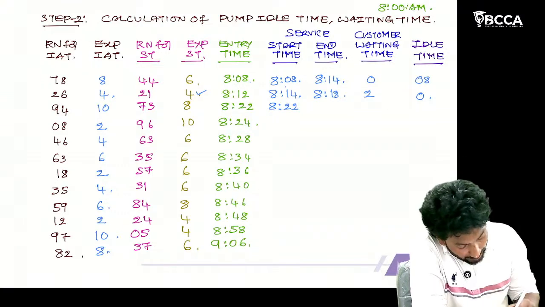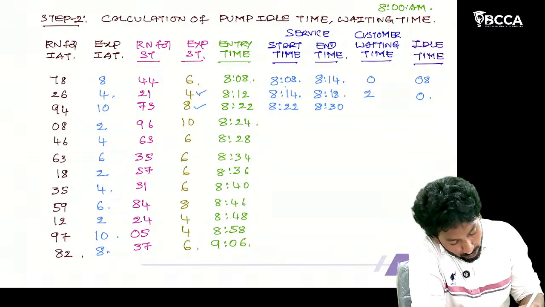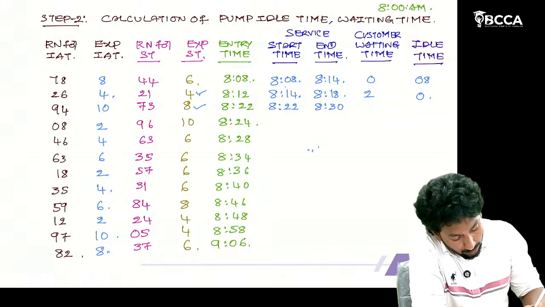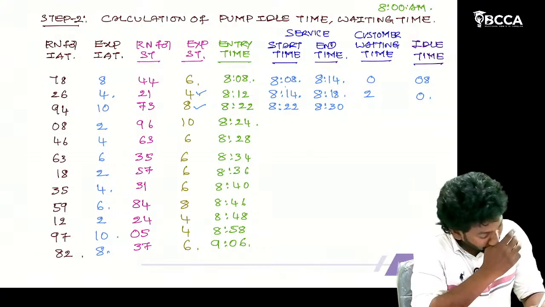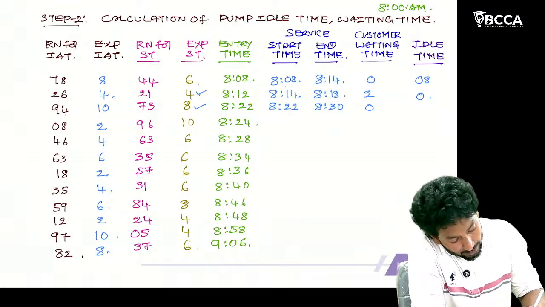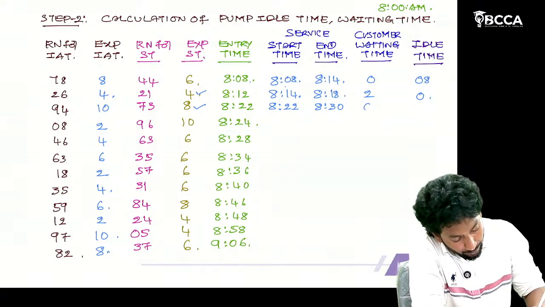Add service time 8, service will end at 8:30. Now check: customer entered at 22, service started at 22, that means 0 waiting time. Any idle time? Previous customer service ended at 8:18, next customer started at 8:22. So 4 minutes is the idle time.